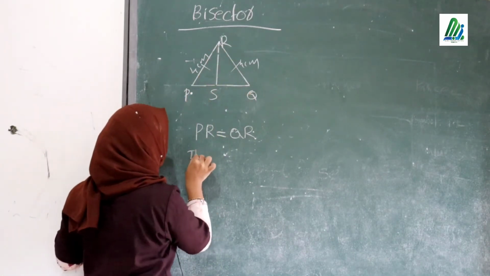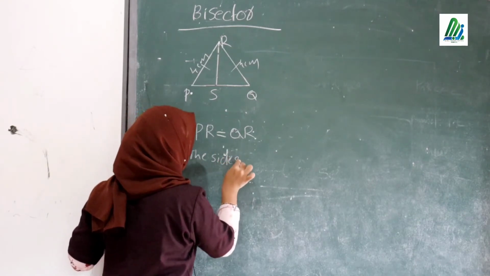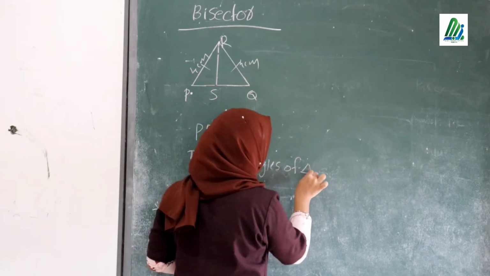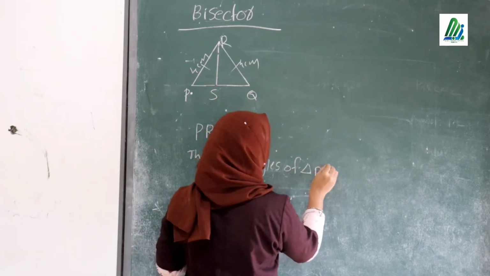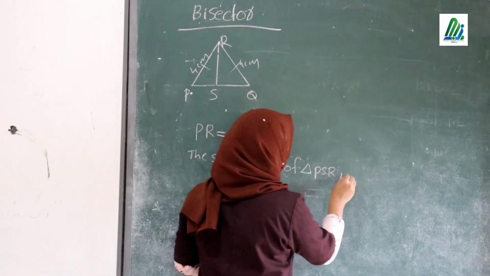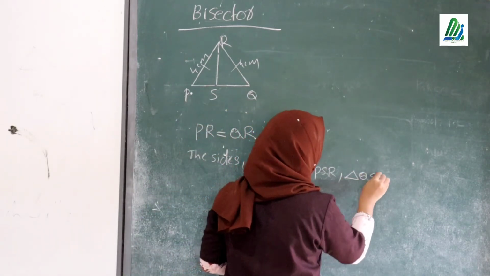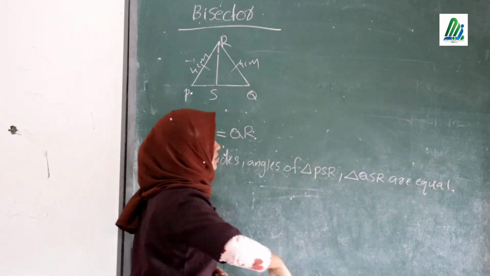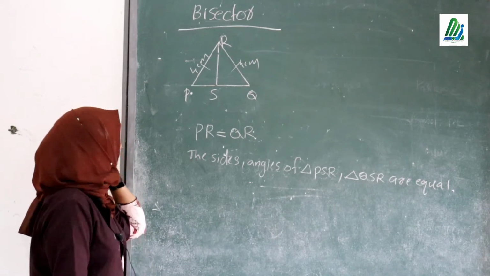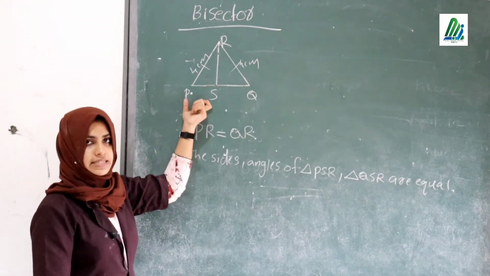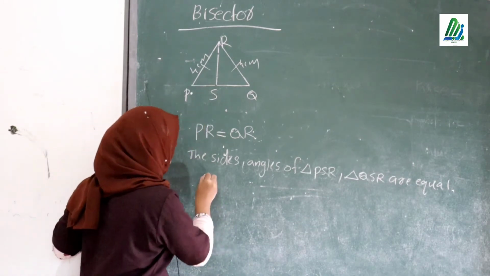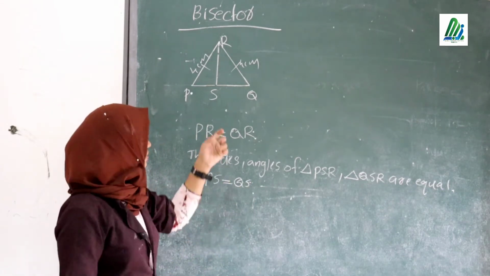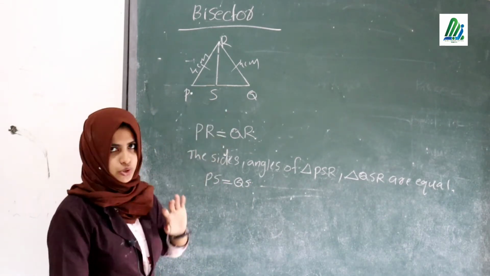The sides and angles of triangle PSR and triangle QSR are equal. So the side PS equal to QS, because S is the midpoint of PQ, so PS equal to QS.